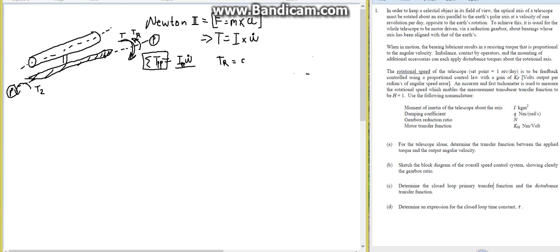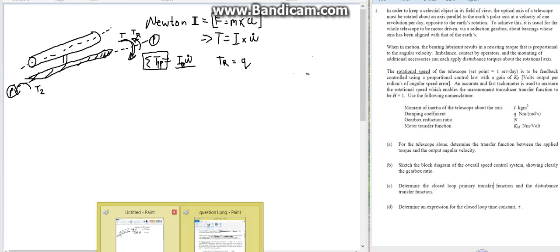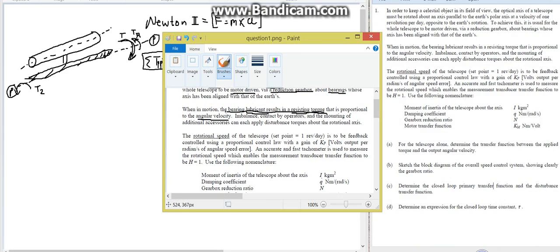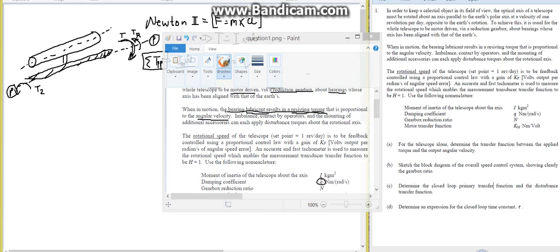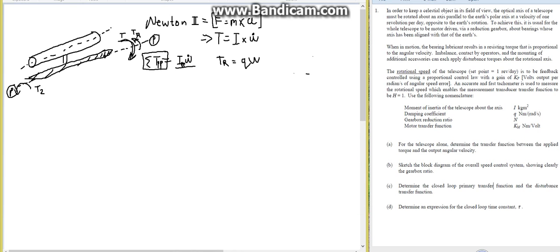So therefore the damping term in our case is Q, as you can see in the question. They actually give it to us. Q multiplied by its angular velocity. I'm sure you've already read the question. So therefore, what is this term? How do we apply this term into this formula that we have initially derived? Well, as I said, there's the sum of torques. So you recall that this is the sum of torques about point P to P, applied; there's a resistant torque pushing it back, dampening this initial torque input.